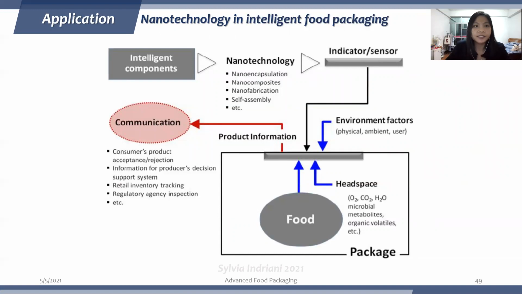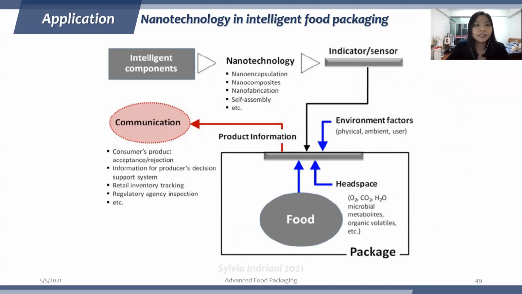As a result of these interactions, the indicator or sensor will generate a response such as a visual cue or electrical signal that correlates with the state of the food product. The state means the quality, the actual conditions there.